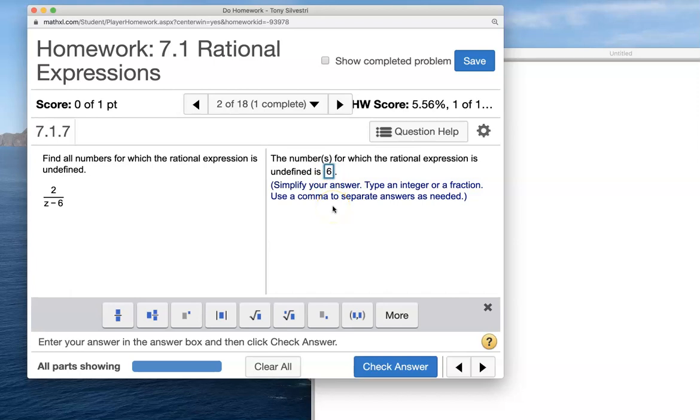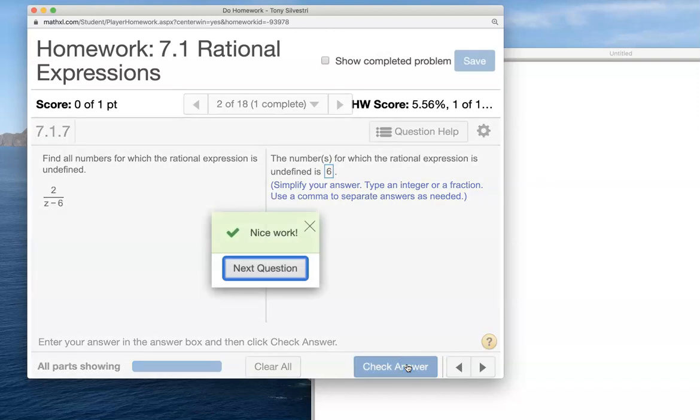So the whole idea behind rational expressions is that they might look pretty, and they might have variables, but only certain values can be plugged in. And the values that you can plug in have to be values that don't make the denominator 0. When you evaluate the denominator, that denominator cannot be 0. That's all that is.